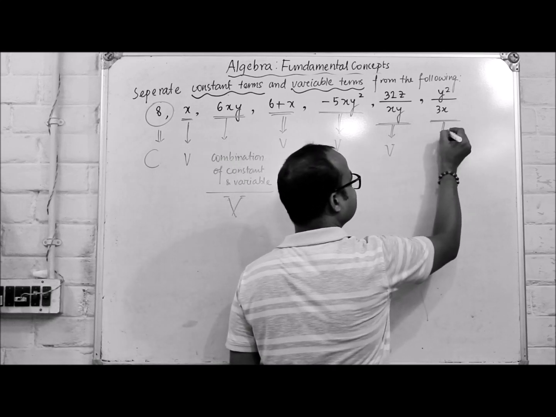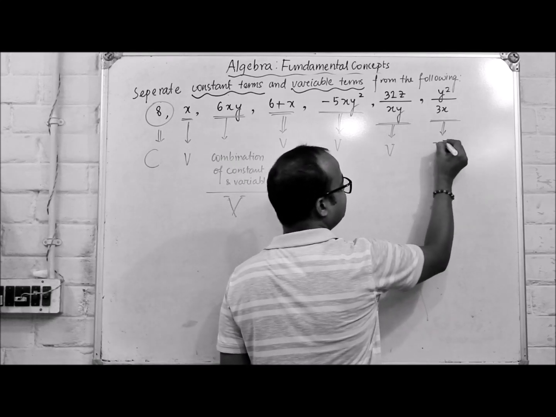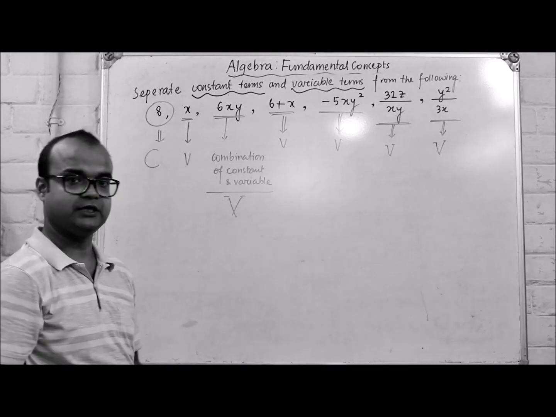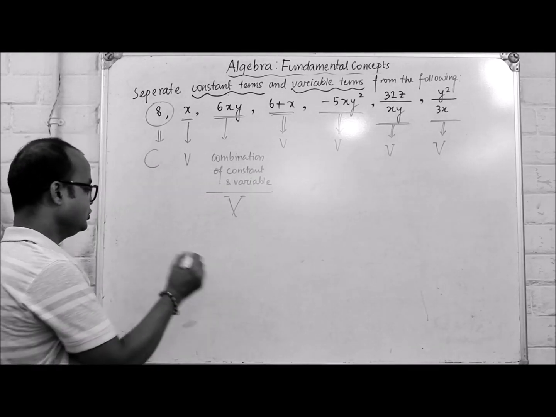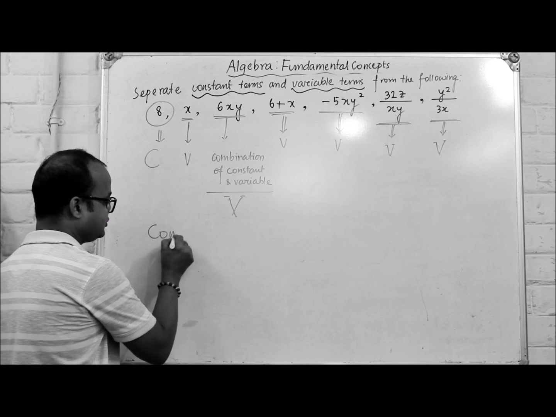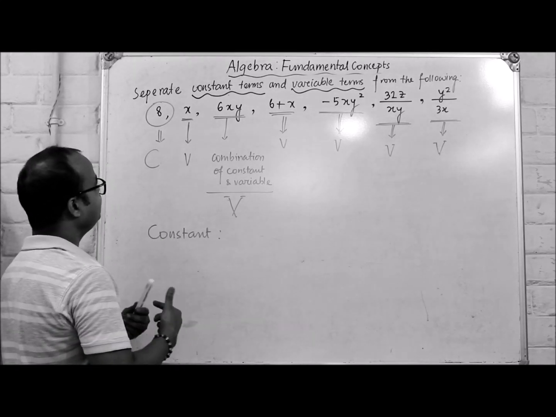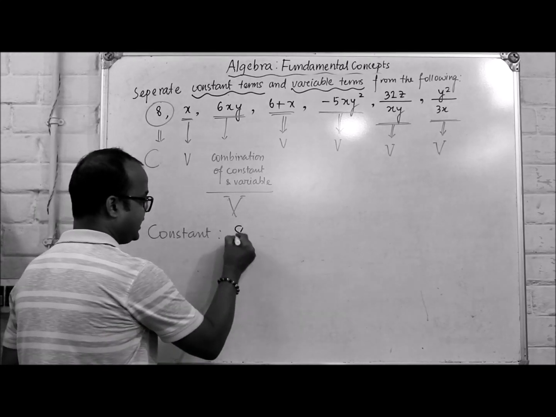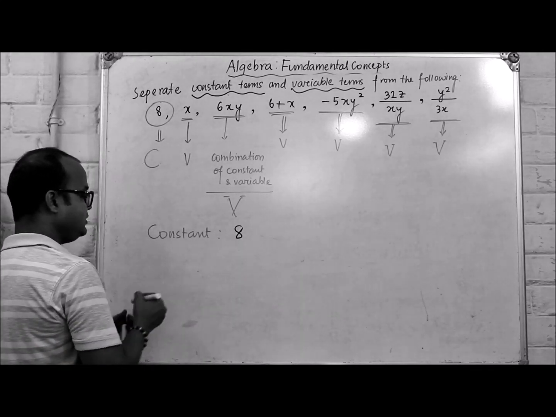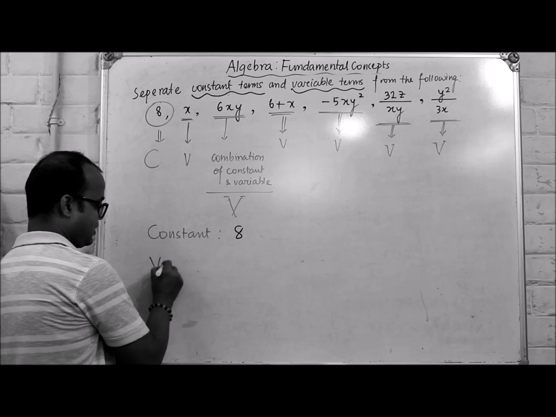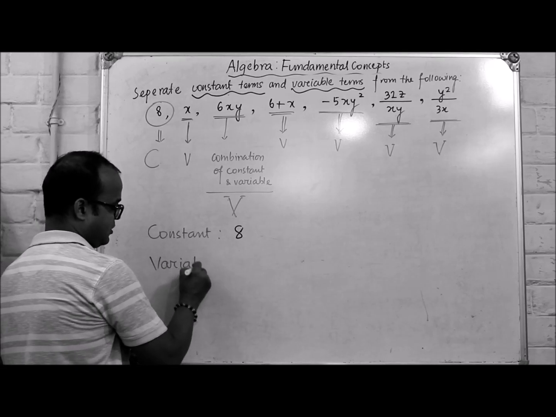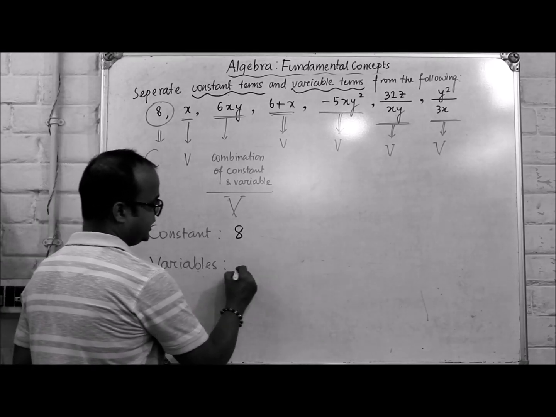It is a combination of constant and variable. So it is also a variable. So how do you write this? You write constant. Only we have one constant as 8, and variable, you write down all the terms.